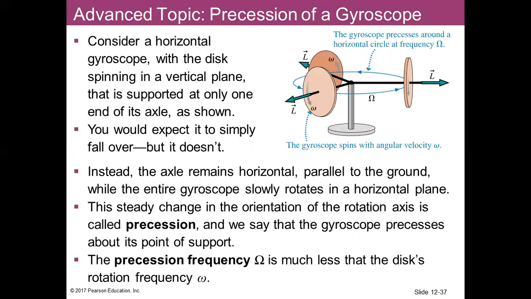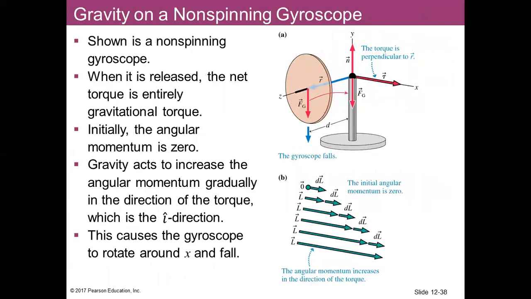Instead, the axle remains horizontal, parallel to the ground, while the entire gyroscope slowly rotates in a horizontal plane. This steady change in the orientation of the rotation axis is called precession, and we say that the gyroscope precesses about its point of support. The precession frequency is much less than the disk rotational frequency, which is omega.